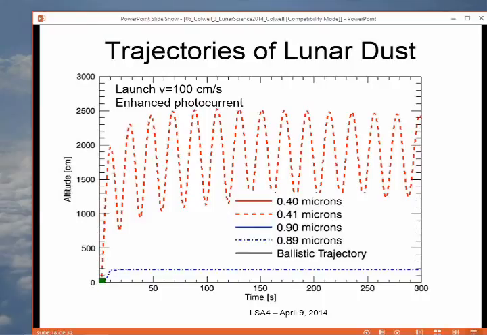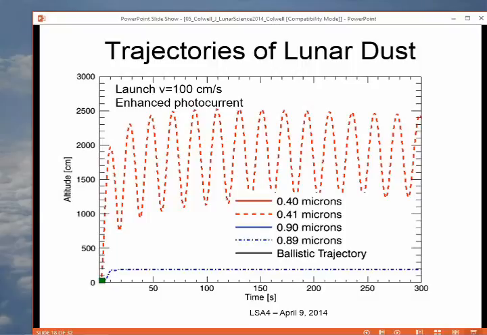Here are some more examples. So we've got here a particle that's going through this typical oscillatory motion. You can see the particle gets accelerated above the surface by the electric field in the photoelectron sheath. Once it gets high enough, it's out of that photoelectron sheath, the electric force drops away, and it starts to fall back towards the surface.